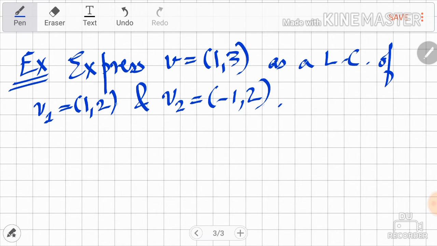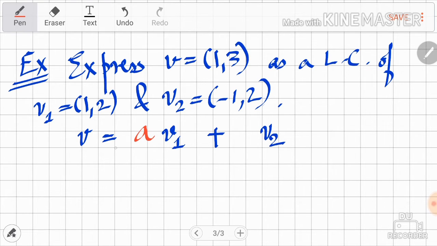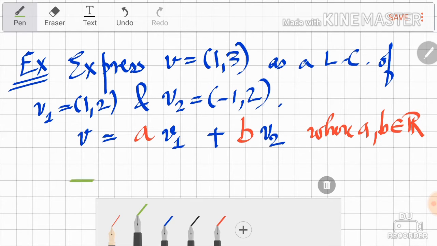In this type of exercise, we are expected to find the coefficients of v1 and v2 when you write v as a linear combination of v1 and v2. So how do we begin? Let us simply write v is equal to a times v1 plus b times v2, where a and b are simply scalars. Now let's begin the problem.